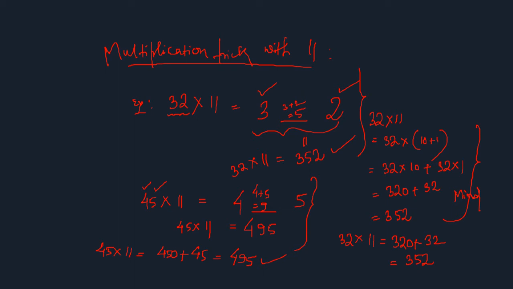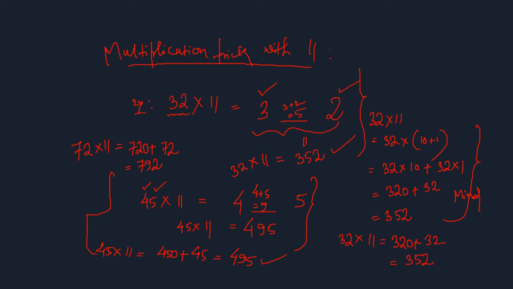However, I do not recommend this method because there can be calculations which can be time taking. For example, let's say 72. What you need to do is multiply 72 by 10 first. That will give you 720. And 72 by 1, that's 72. Result here is 792.